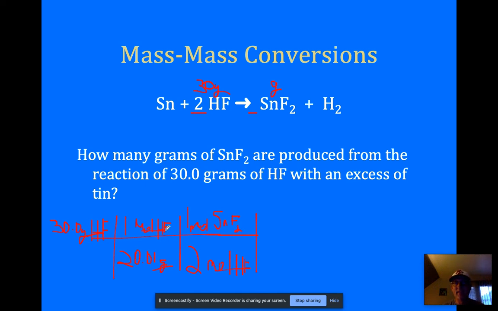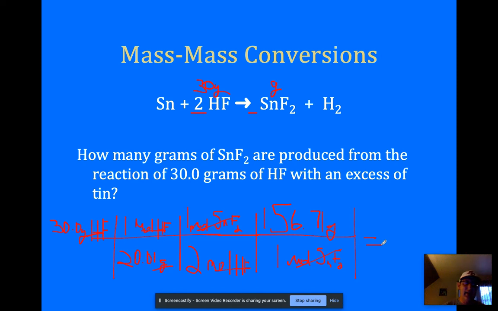So now we have moles of SnF2, but we're asked for grams. So we have one more step. In 1 mole of SnF2 there's a certain number of grams. And that's going to be Sn 118.71 plus 2 times 19 or 38. 156.71. 156.71 grams. That cancels. That cancels.